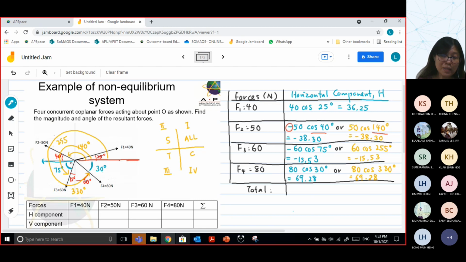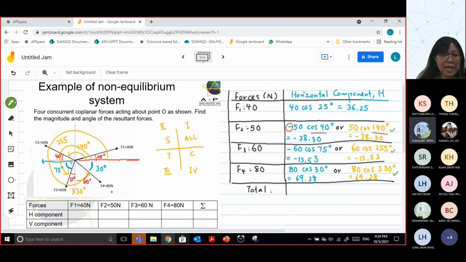If you ask me, I will say that using this will be easier. The second one, what do you think? Excuse me, miss. Yes. Why for the F4 we didn't do negative 80?